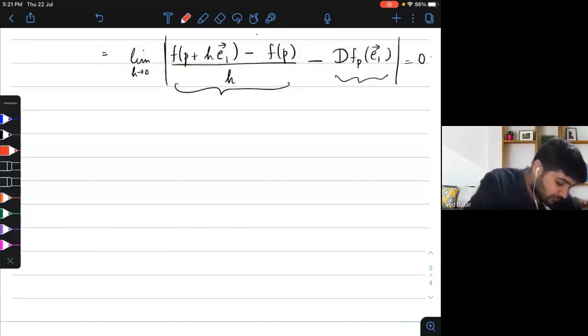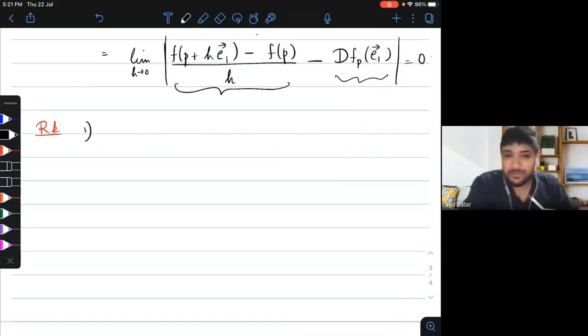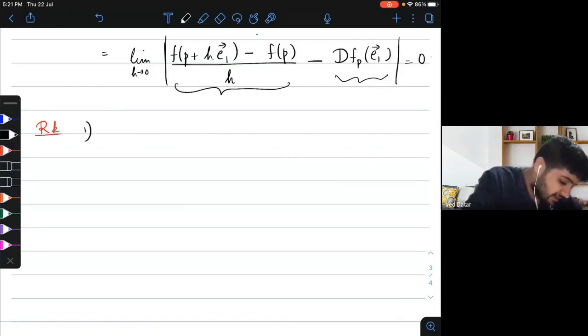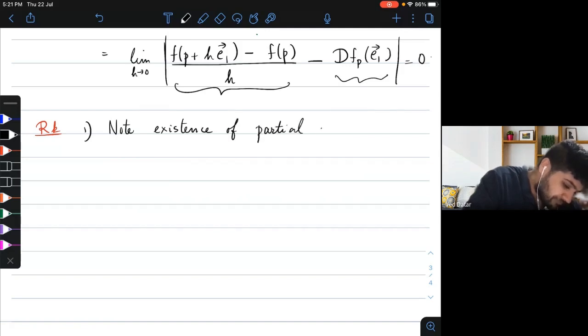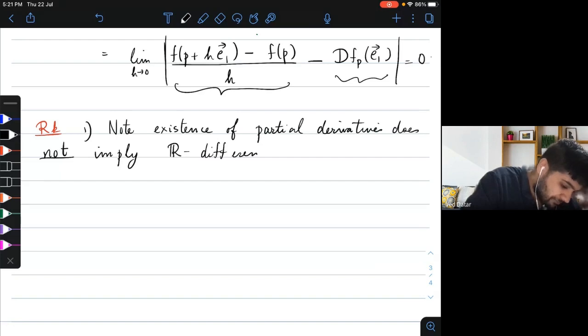So let me make a couple of important remarks which are always made in a multivariable class. Firstly, note that existence of partial derivatives does not imply R differentiability.